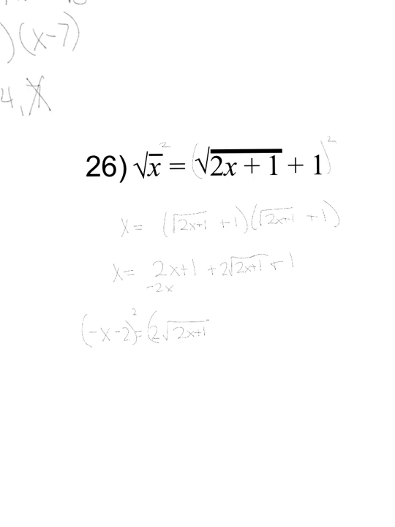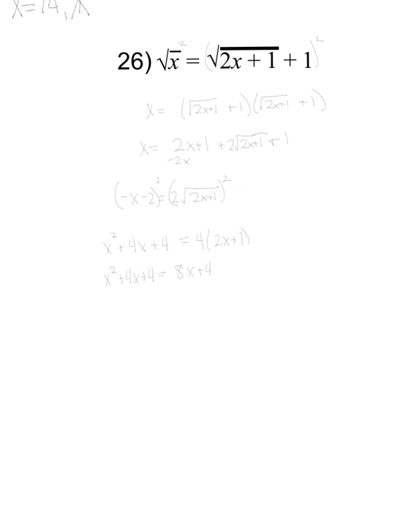We're going to square both sides. So this is going to be x squared plus 4x plus 4 equals 4 times 2x plus 1. So x squared plus 4x plus 4 equals 8x plus 4. I am going to get it equal to 0.